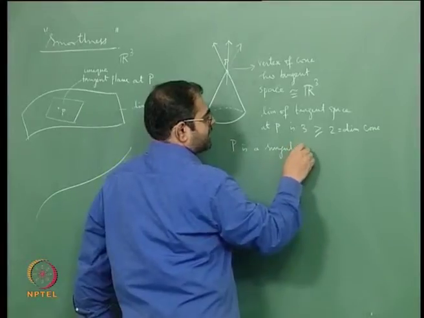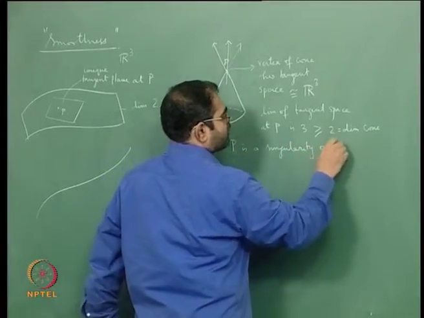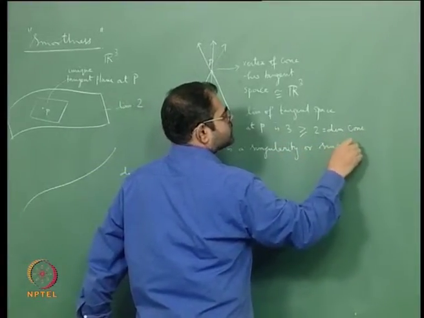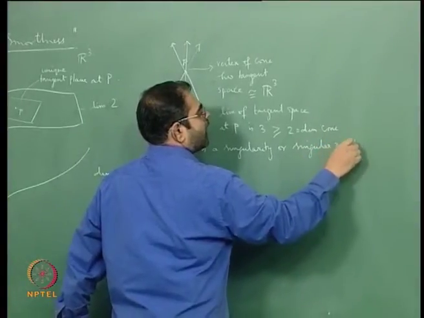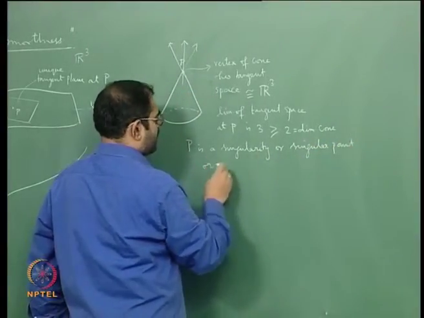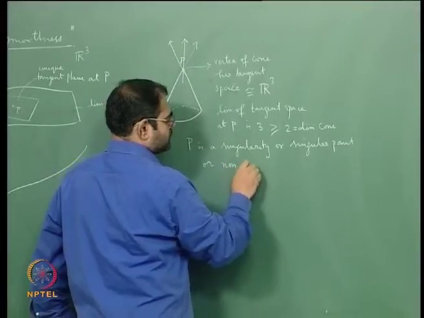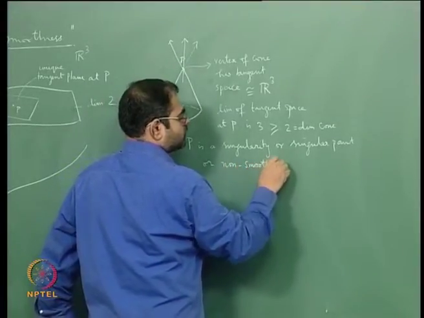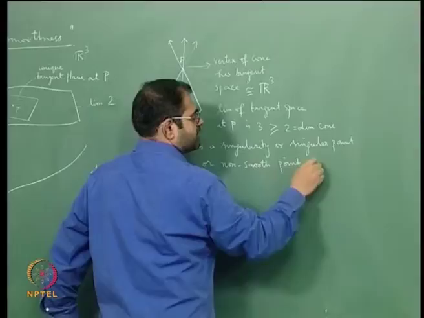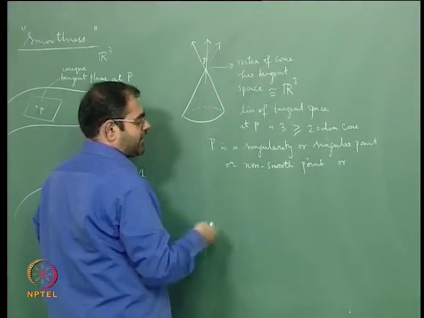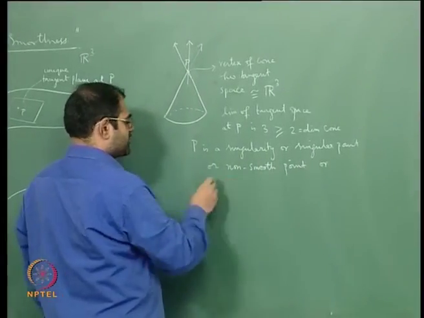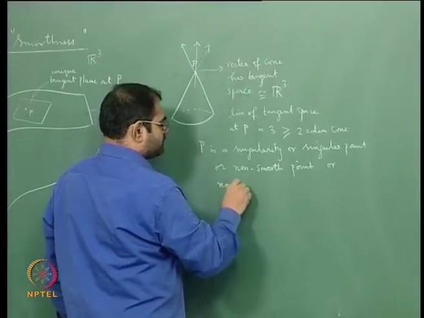P is a singularity or singular point or a non-smooth point. Sometimes in the language of usual analysis, you also say it's a non-manifold point.